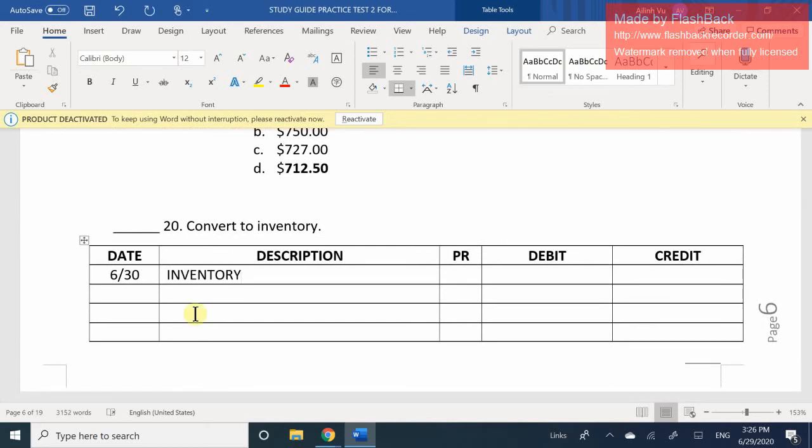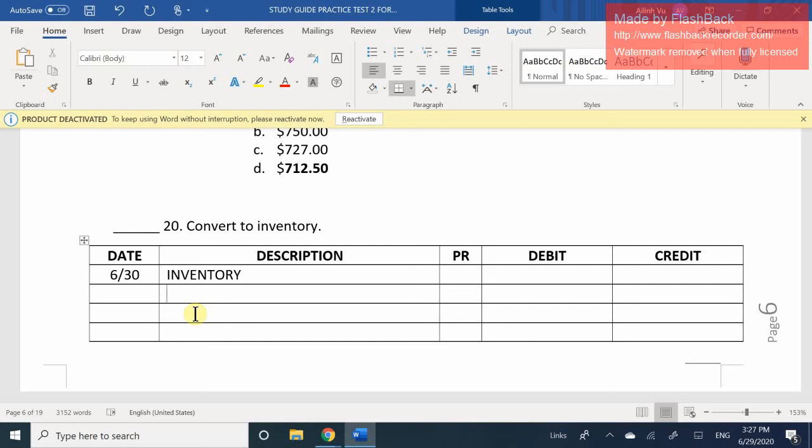What else do we need to have in here? Sales and sales tax. Not sales. We're doing a conversion entry for the inventory. What are we doing? Adjusting our inventory. And how do we do that at the end of the period? By subtracting from it. We're taking away from inventory.